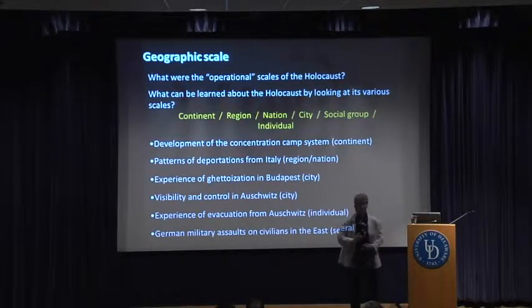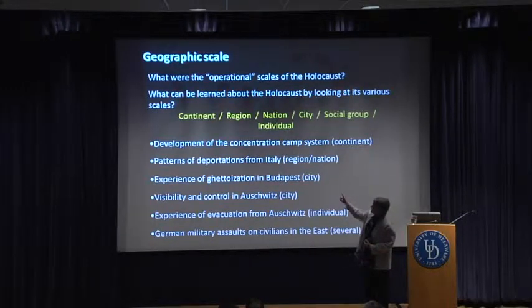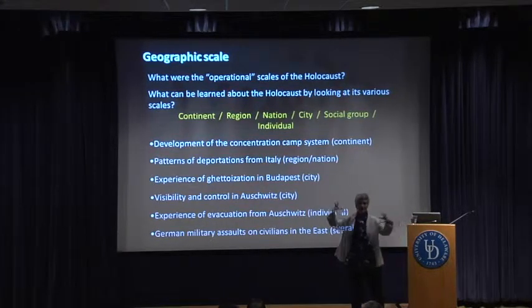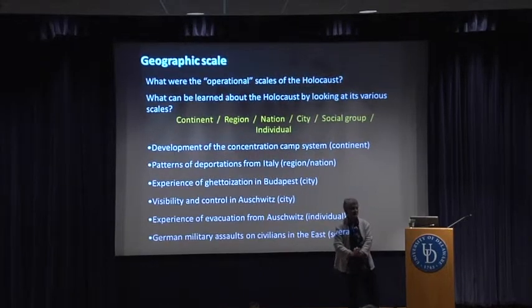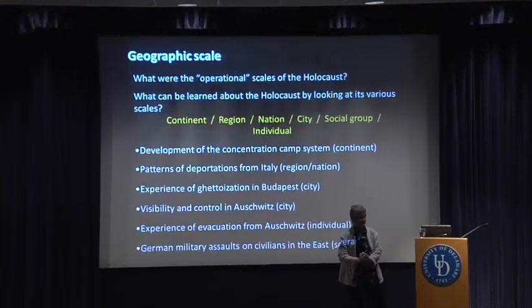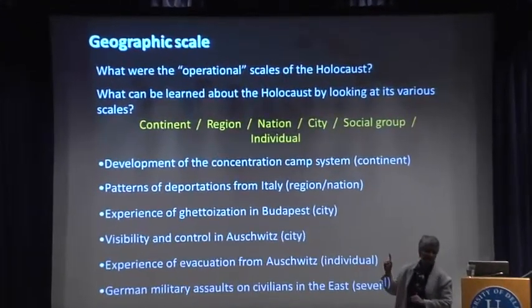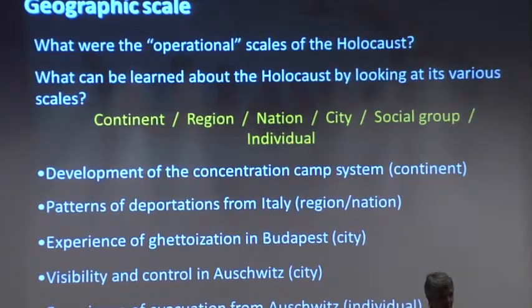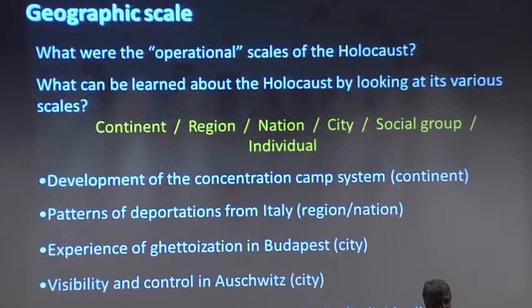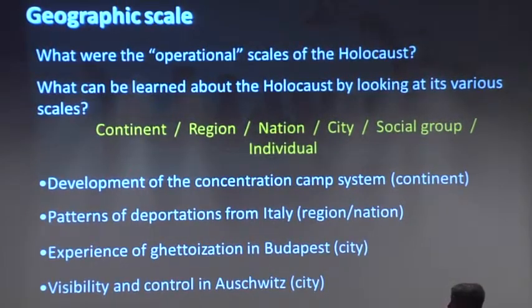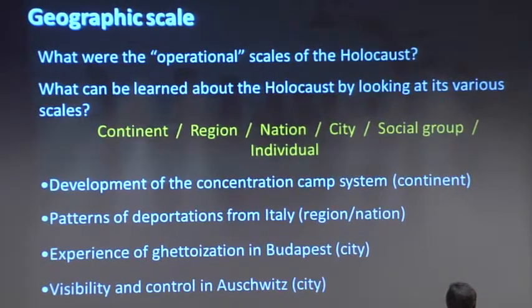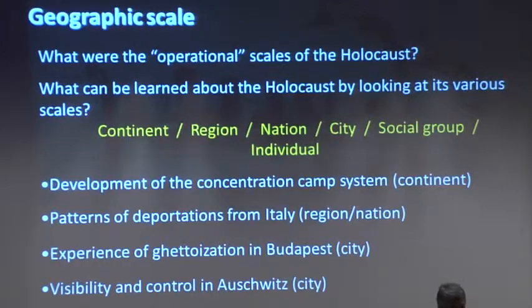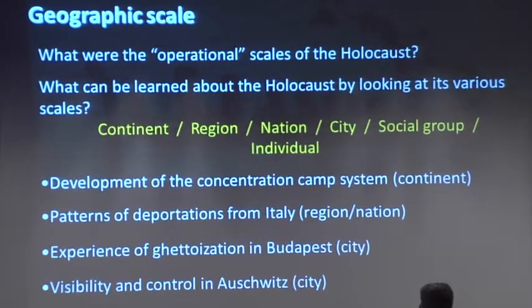At the broadest scale of the continent, the development, growth, and then collapse of the SS concentration camp system across much of Europe. At the scale of the region, the arrest and deportation of Jews from Italy, mostly to Auschwitz, late in the Holocaust, and the atrocities in the East by Einsatzgruppen and Wehrmacht soldiers, regional scale.